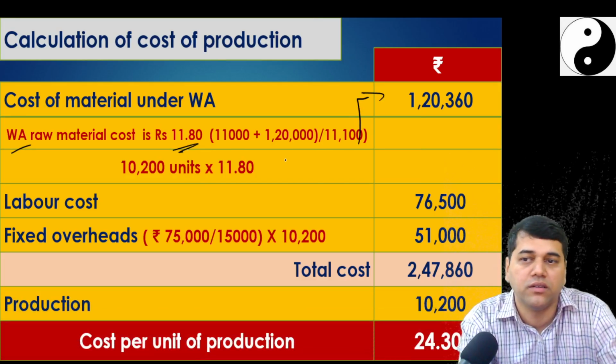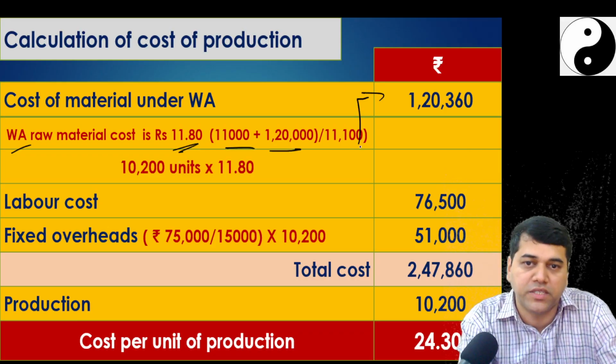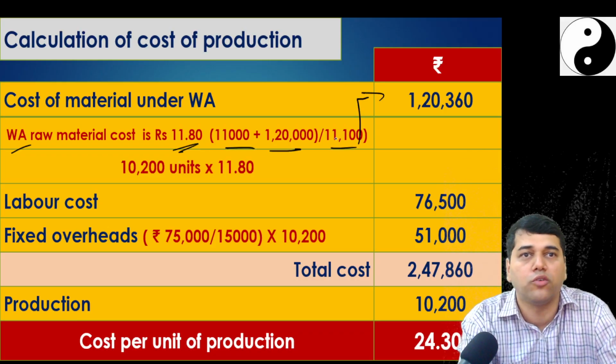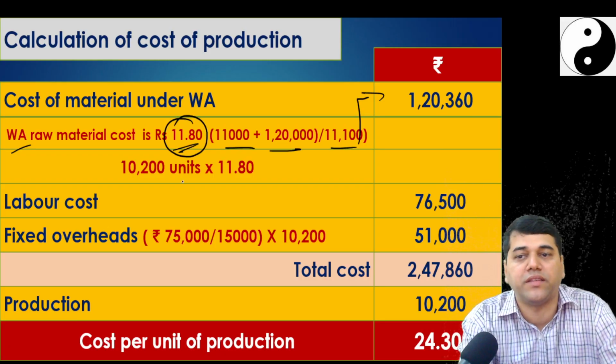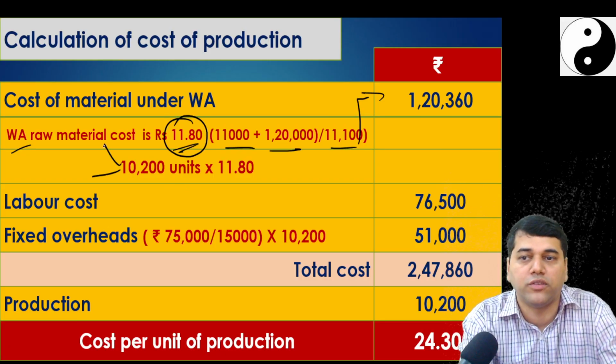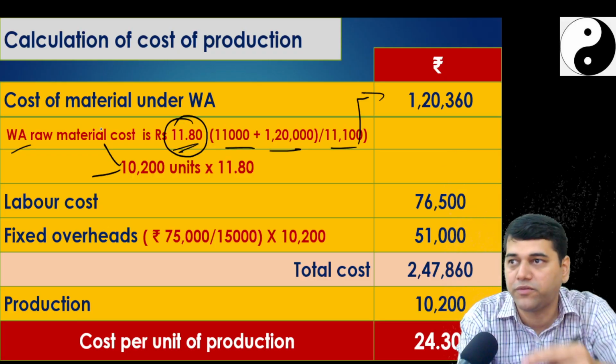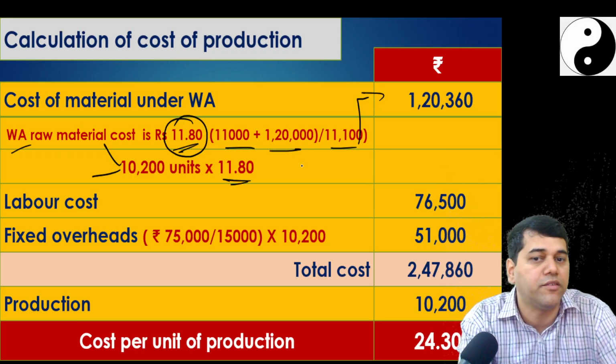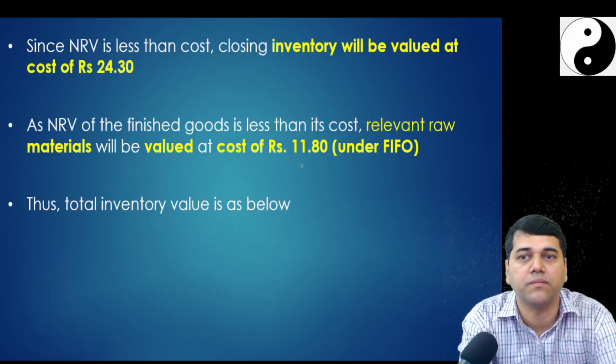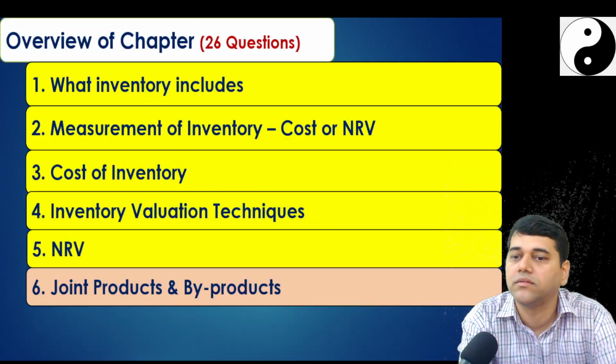That means opening stock plus purchases divided by the total quantity, and I get the weighted average price. There I split: this much raw material is from the opening stock, this much from here. Here I will take the weighted average price. Everything else remains the same. Are you clear?